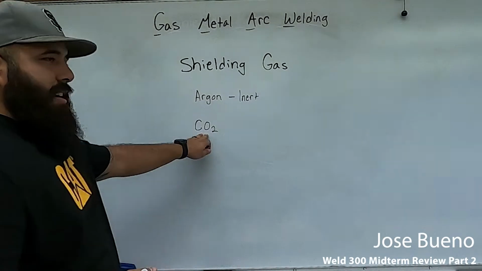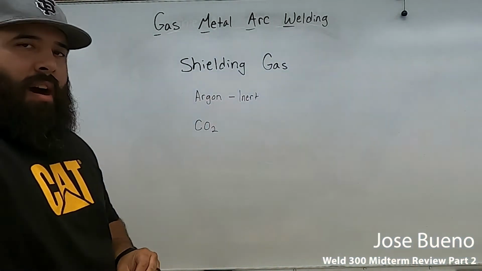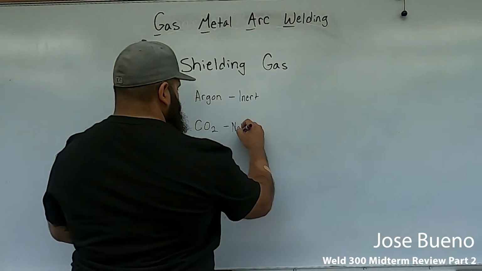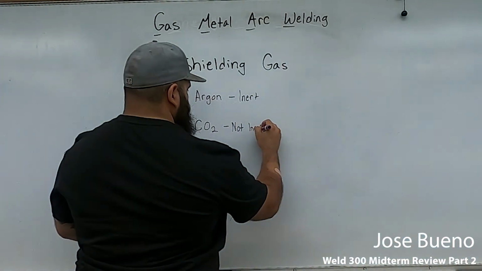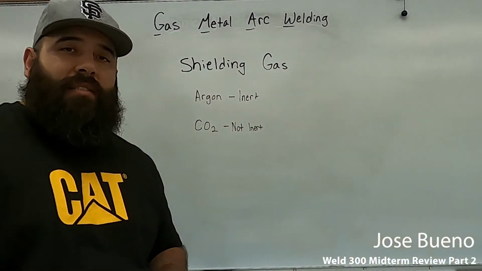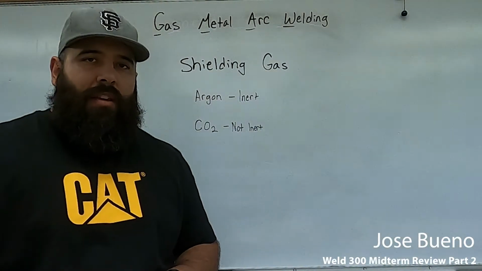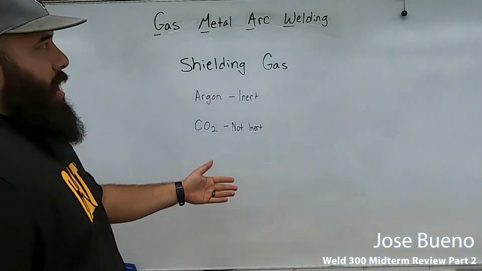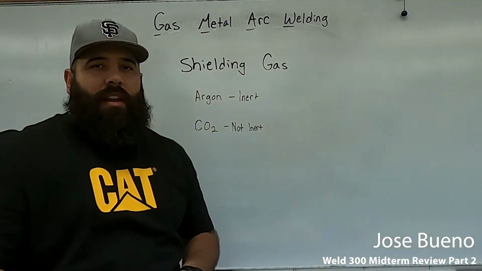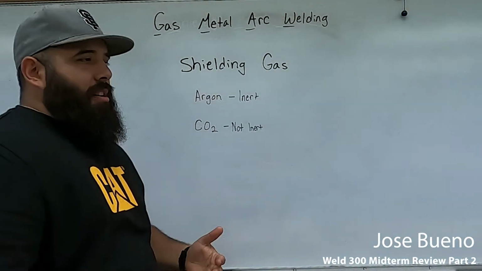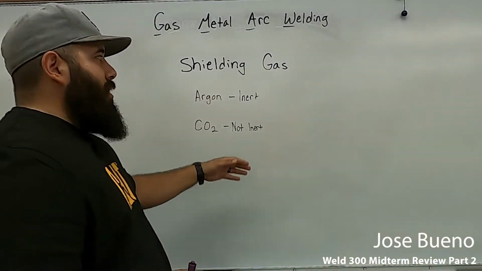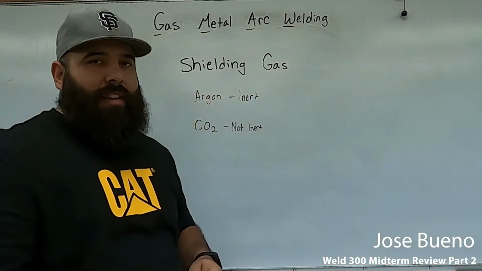On the other hand, CO2 is not an inert gas, which means that when we use CO2, it does chemically react with the weld. So that is why we call it gas metal arc welding instead of metal inert gas welding, because now we've opened up this welding process to much more than just inert welding gases.